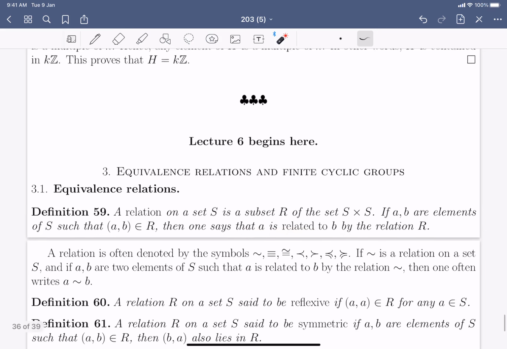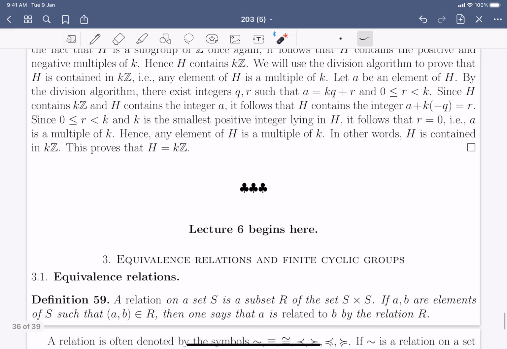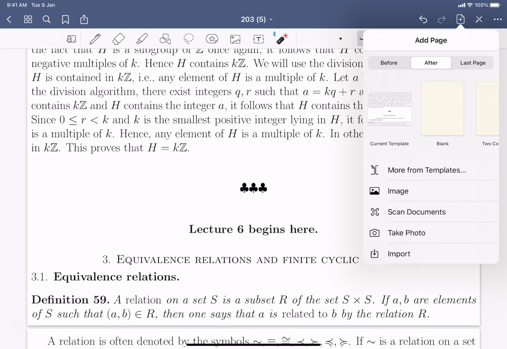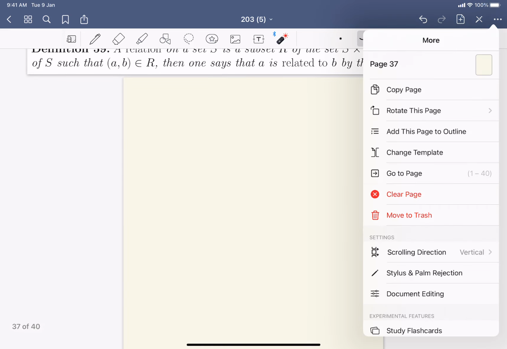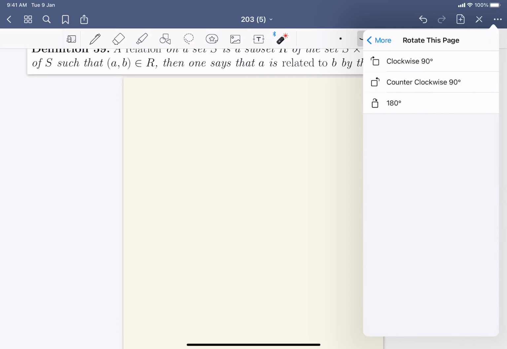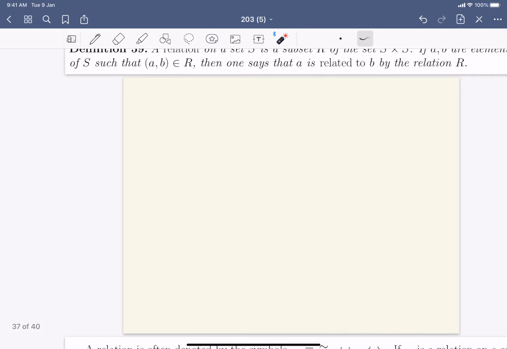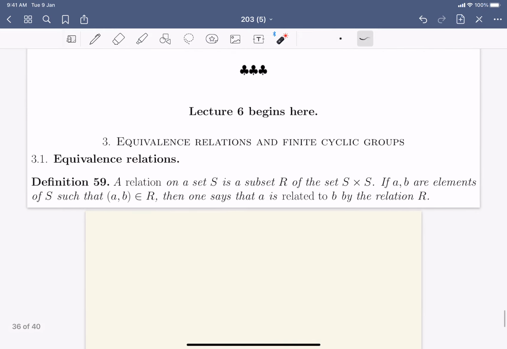Anyway, I hope you already have an idea what's going on, but let me try to provide certain examples to illustrate this notion.